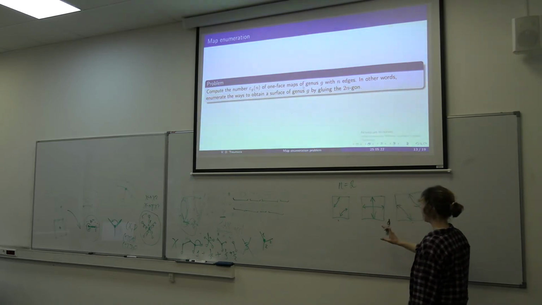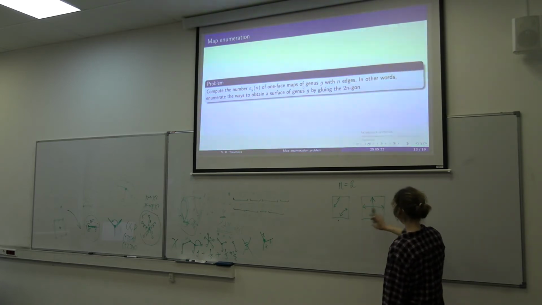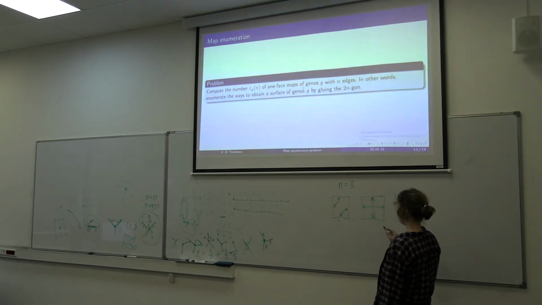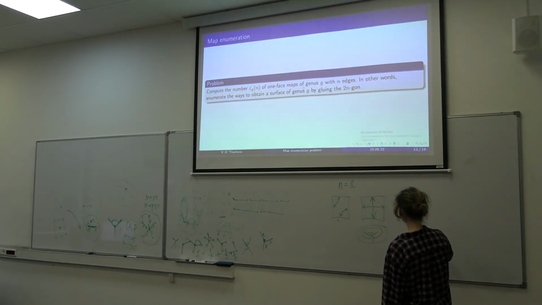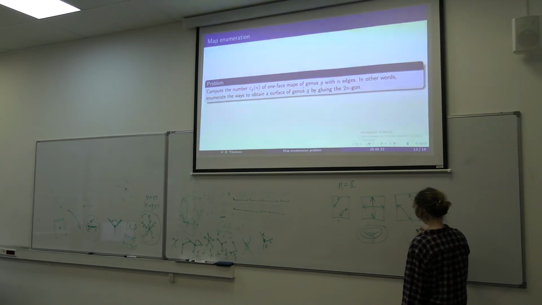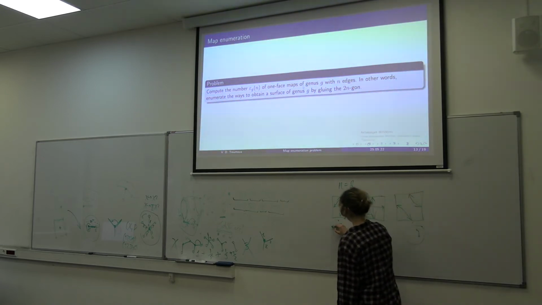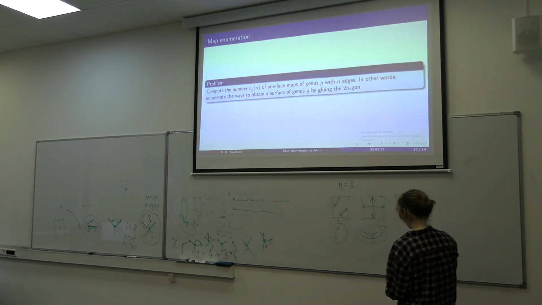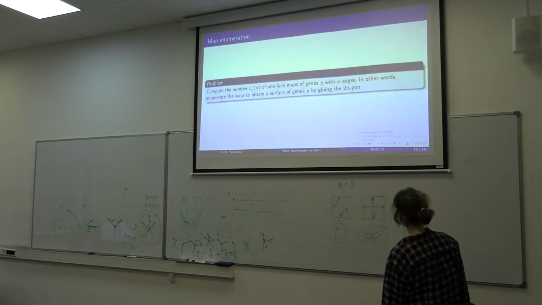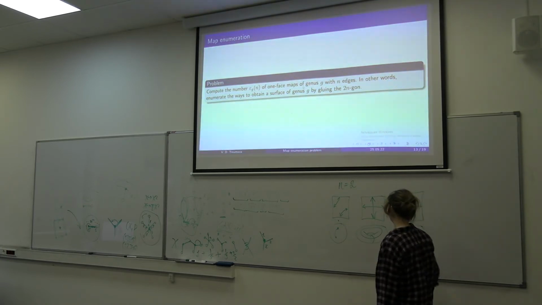They are obtained from each other by rotation. Here we get the torus, and I have already drawn it. Here we have the sphere, and here we have the same. So we get 2 surfaces of genus 0 and 1 surface of genus 1.